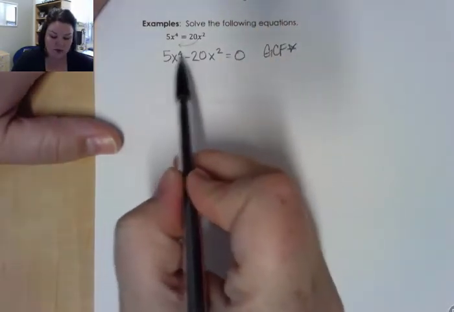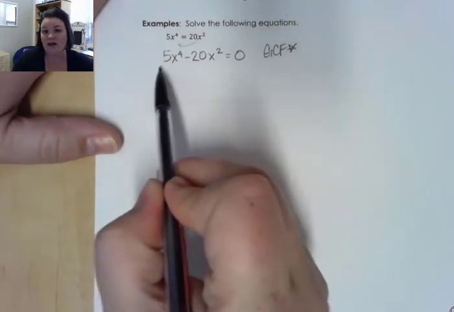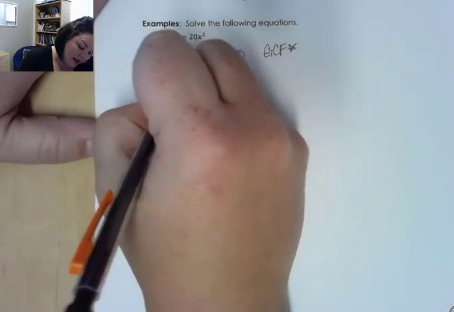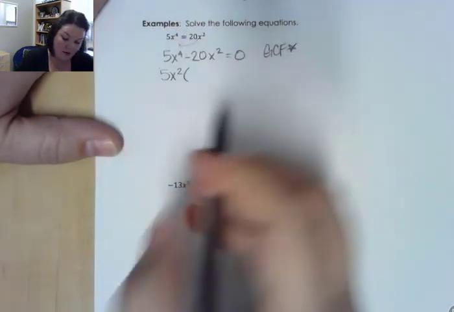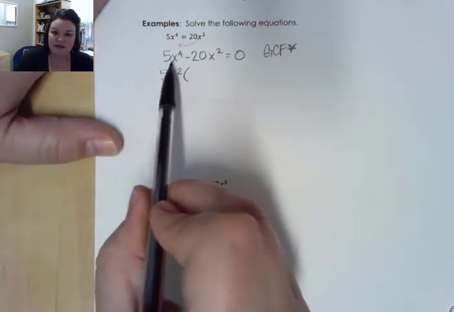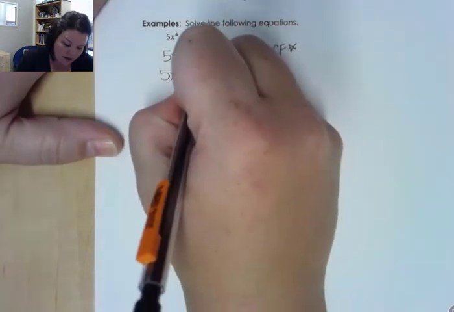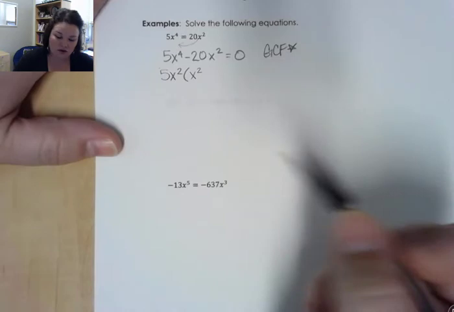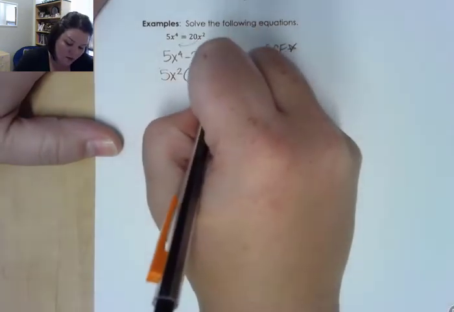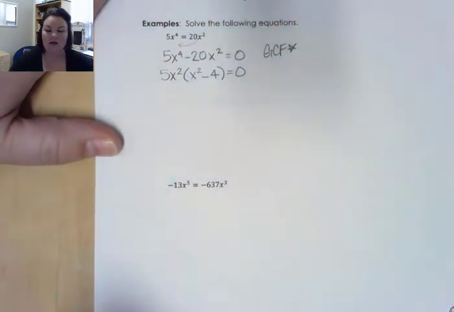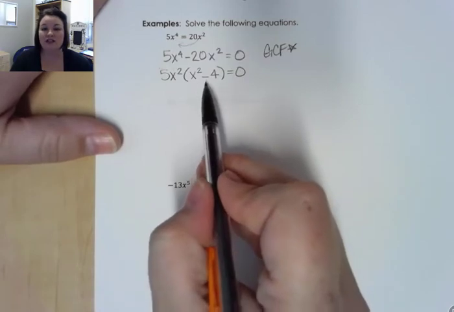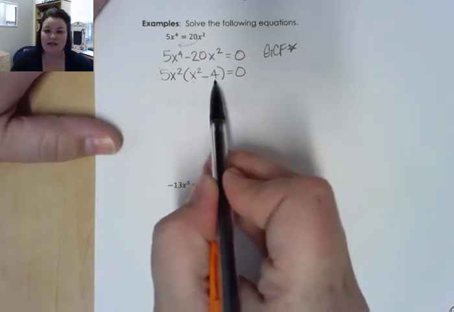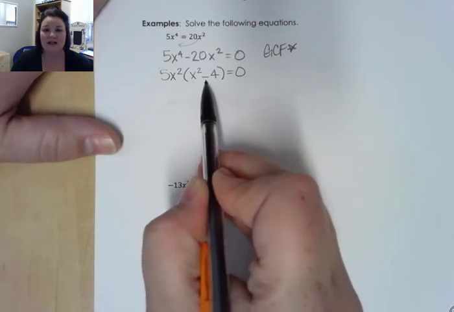Notice here, both of these are divisible by 5. They also have an x squared in common. So I can take out a 5x squared, and when I take 5x squared off of this term, I'll be left with x squared. When I divide 5x squared off of my second term, I'll be left with minus 4. Notice from here, this is actually now a difference of squares, right? This is a perfect squared term, this is a perfect squared term, and it's being subtracted.